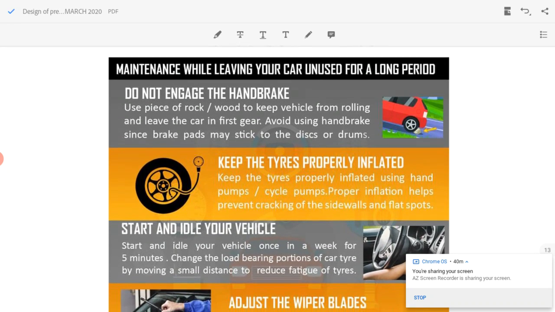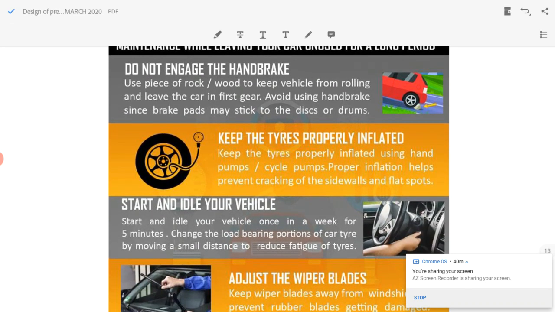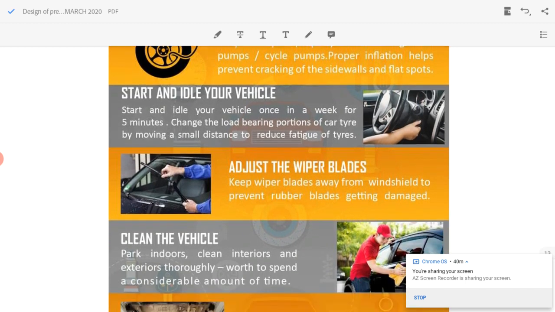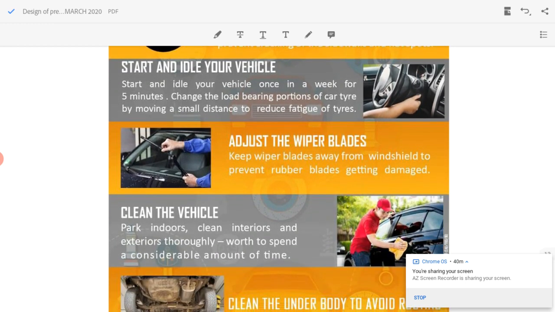Do not engage the handbrake. Keep the tires properly inflated. Start and idle your vehicle. Adjust the wiper blades, and it's better to keep the wiper blades off the glass. Sometimes if you start your car and unknowingly the wipers are on, they will wipe all the dust over the glass and it can make scratches.